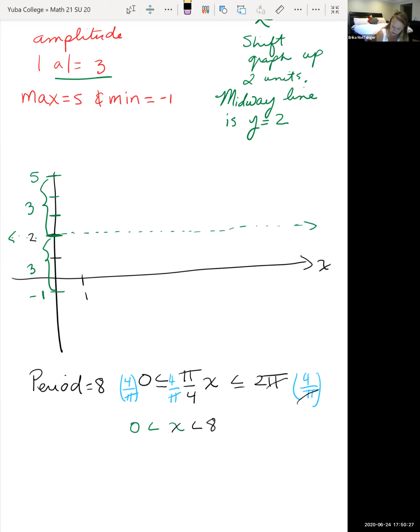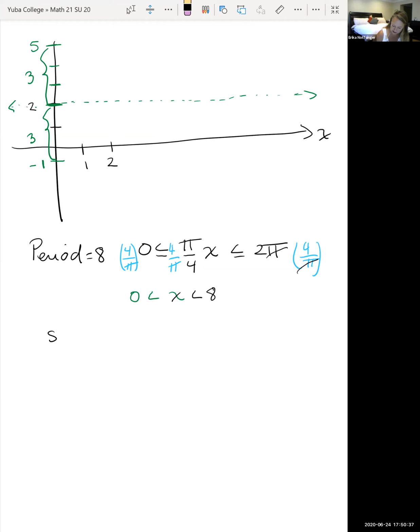So let's figure out our important points. We start at 0. We have an end value of a period, which we know is 8. So halfway between that is 4.